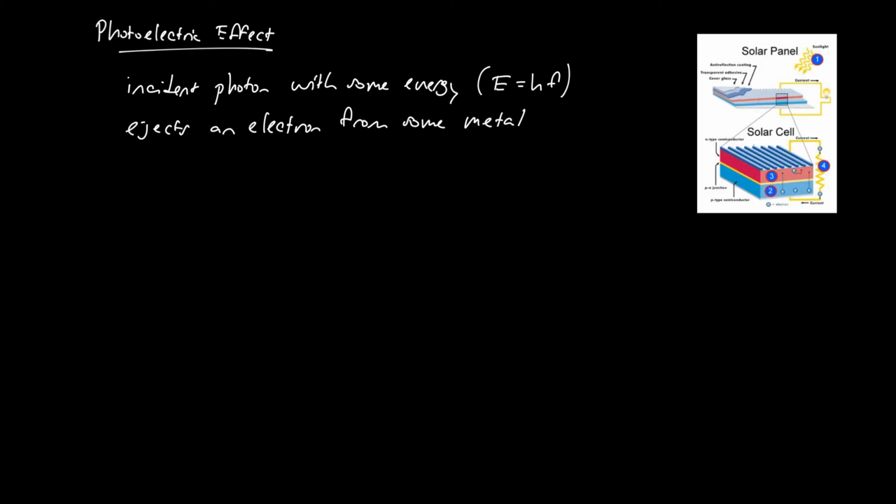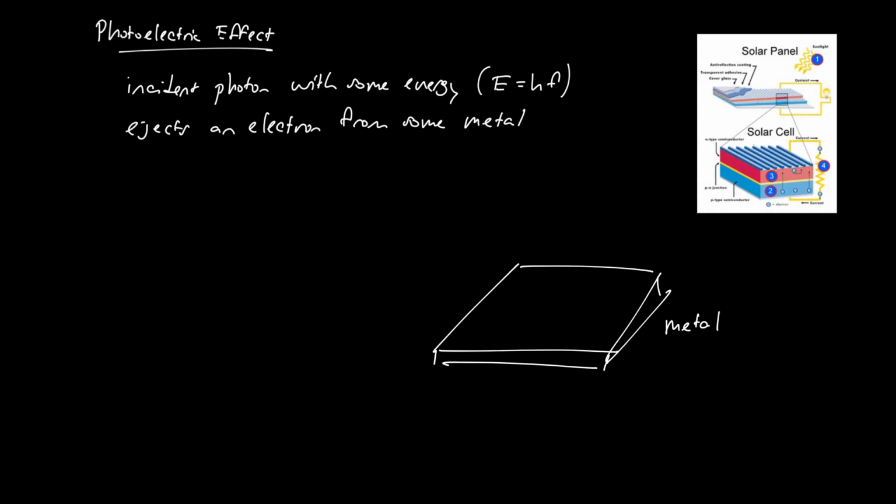And so what we normally want to do is calculate the energy of the ejected electrons, or the speed of the ejected electrons. And to do that, we can look at a quick little diagram. Okay, so here's our metal. And we're going to say this metal has a work function.